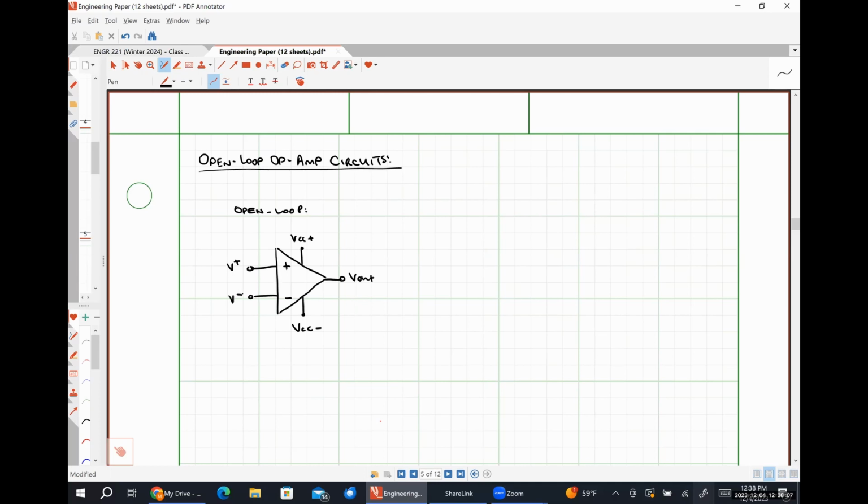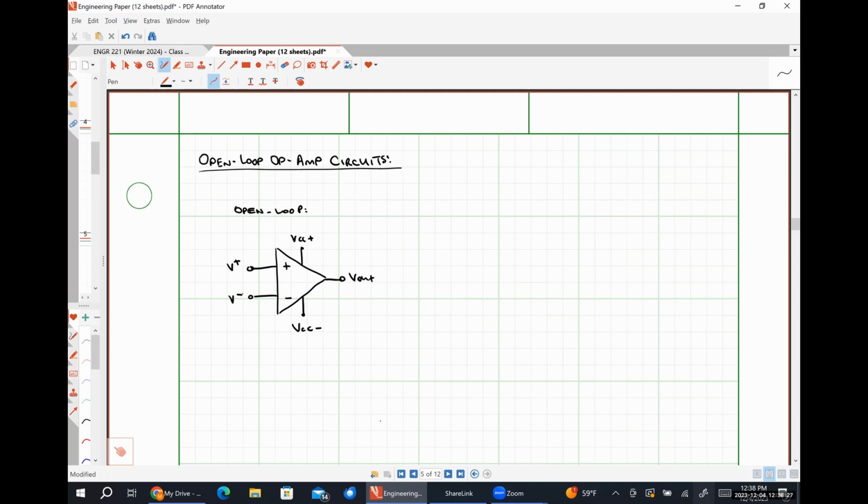And I've chosen to explicitly show the fact that our supply voltages also matter because of the saturation distortion that we covered at the end of Friday's class meeting. So an open loop configuration is what we've been dealing with up to this point. We're going to continue talking about it more formally today.